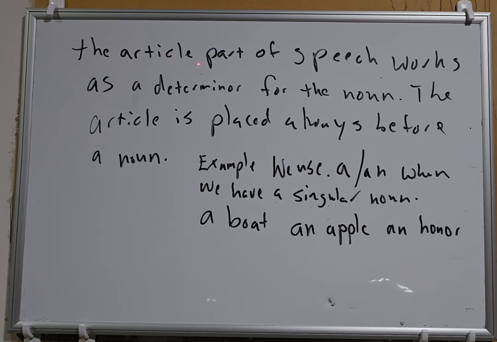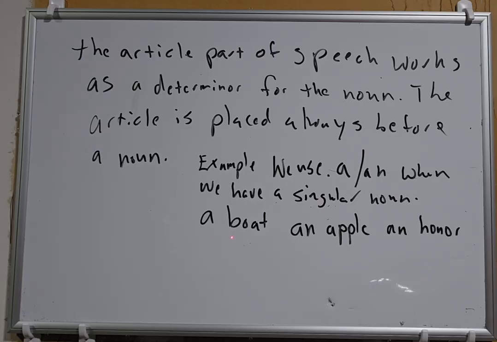The article part of speech works as a determiner for the noun. The article is placed always before a noun. Example: we use a or an when we have a singular noun.